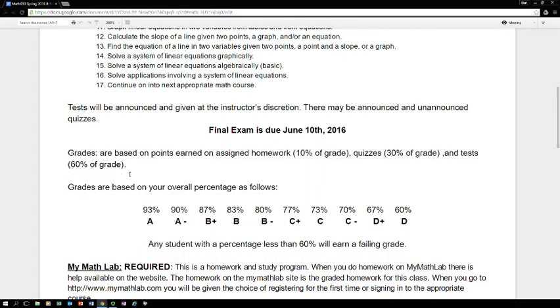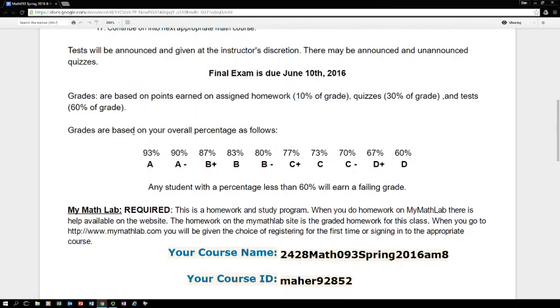That's 60% of your grade. The tests are proctored with a live person. We'll do a couple of different ways, depending on which campus you're close to, or if you're in a special situation, you need to arrange proctoring outside of the Wenatchee and Omak campuses.